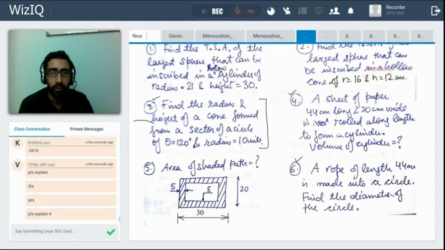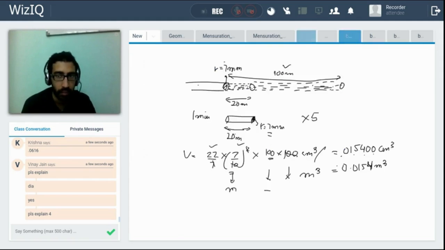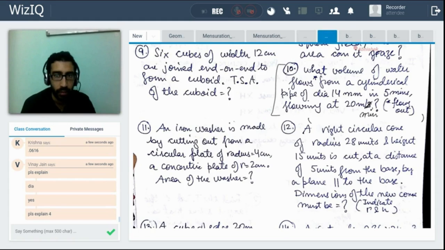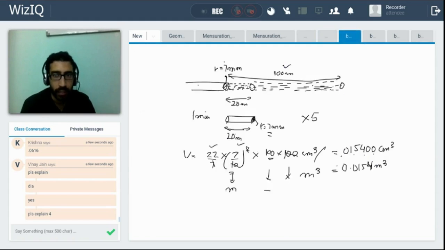A sheet of paper 44 centimeter long is rolled along its length to form a cylinder. What does that mean? It's exactly what we had discussed, Vinay. I've closed that board.